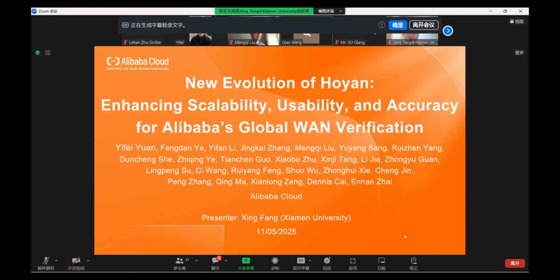For some of us, we probably know that Ali has been very successful in applying formal methods to verify and help automate the operations of their global WAN infrastructures. In the past few years, in SIGCOMM and NSDI, we've seen many of the latest progress along the design and evolution of Hoyan. So I believe this paper tries to summarize some of the past experiences and also highlight some new research opportunities.